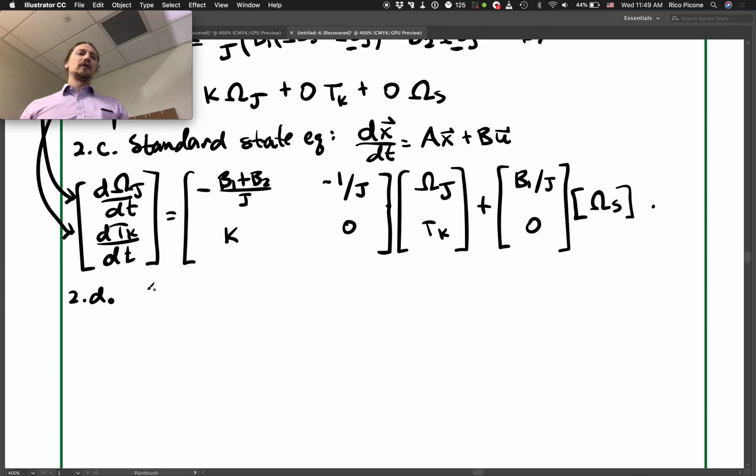Choose your own adventure. So D, output equations. We're almost done. Our two outputs were Tk and HJ, right? Tk is a state variable, so in order to write it in terms of state variables and input variables, we just need to write it as itself.